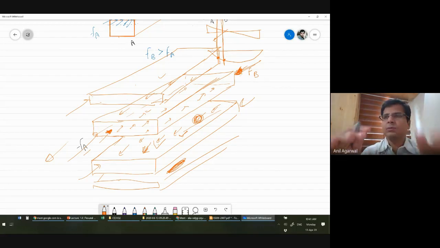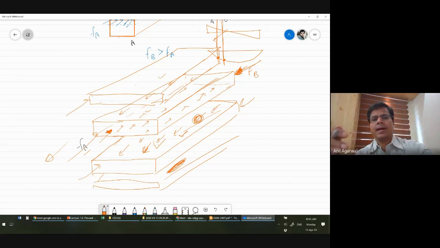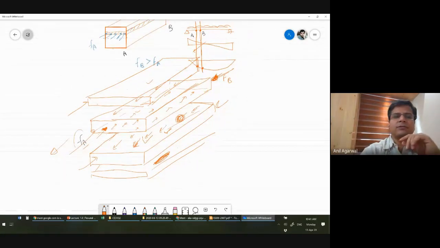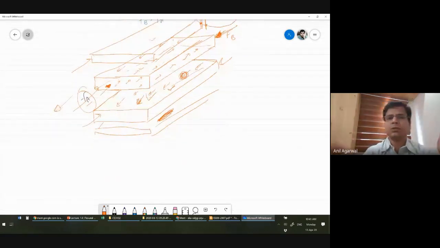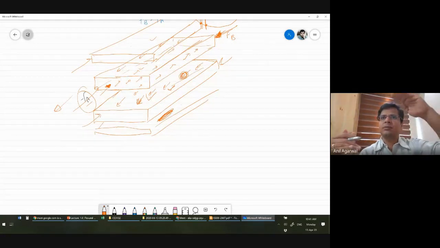Correct? So as you keep going down towards the neutral axis, the shear stress keeps accumulating, until the direction of these forces changes, which happens at the neutral axis. So that's how the shear stress keeps increasing as you go from the extreme edge all the way to the neutral axis.